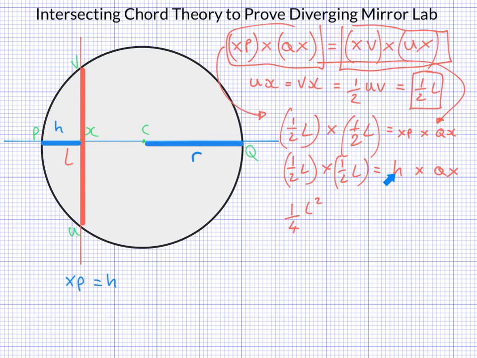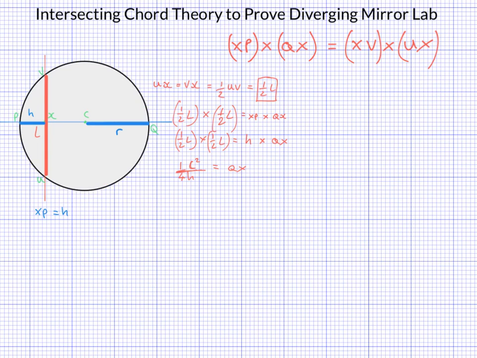And then I'm going to divide everything by the H to get the QX by itself, so I'm going to bring that H underneath. So L squared over 4H is equal to QX. We're left with a statement here, which we'll come back to.